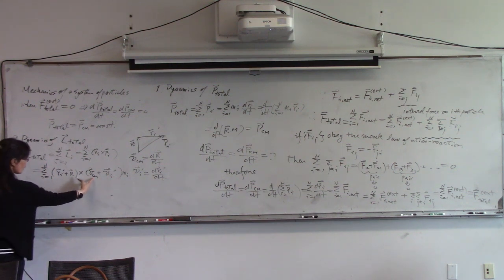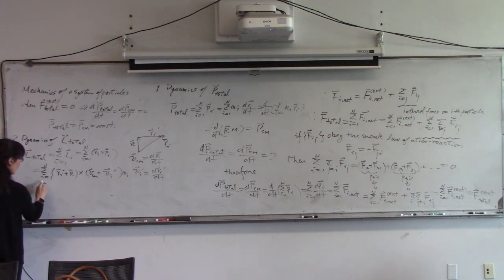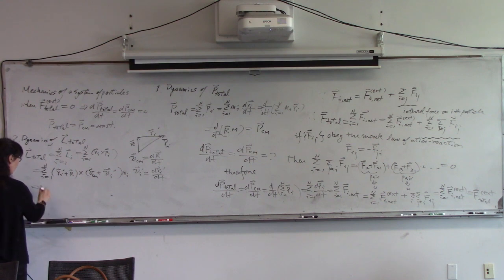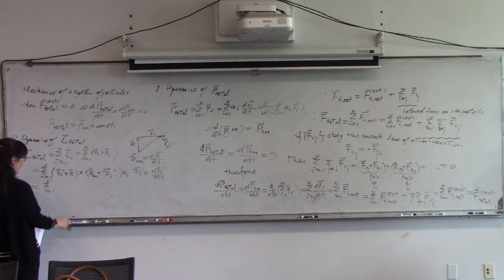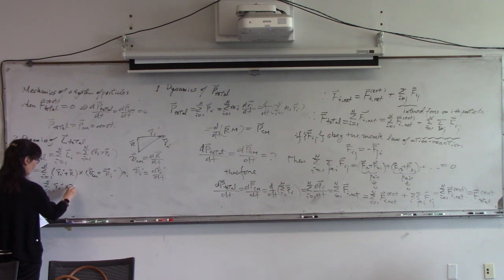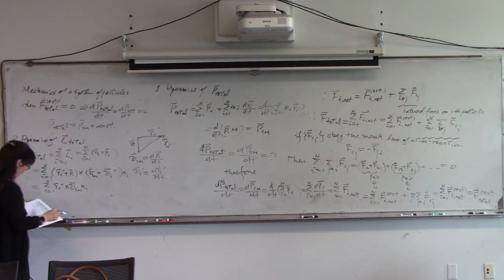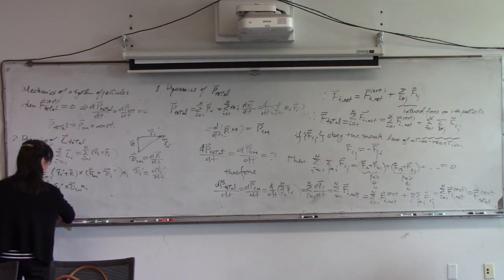The first term, since the center of mass does not depend on i, is the summation from i=1 to n of mi Ri prime, cross product with V center of mass. Mi depends on i, right?